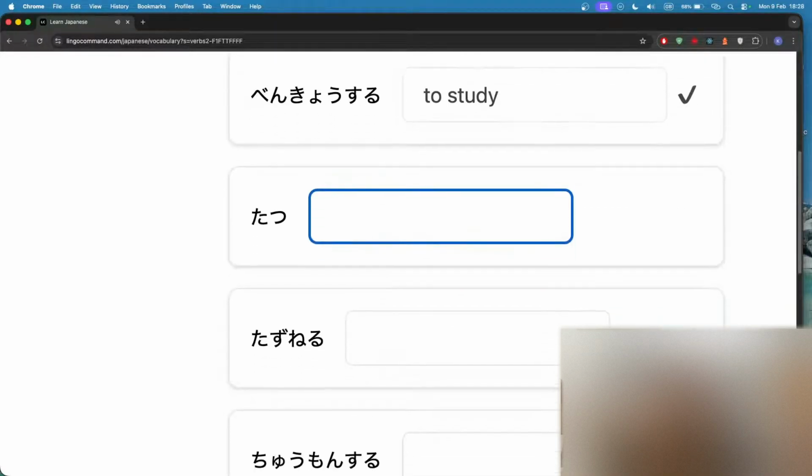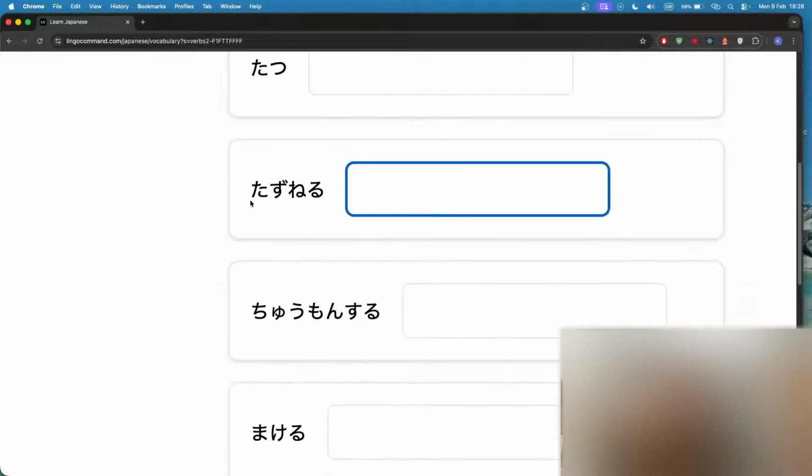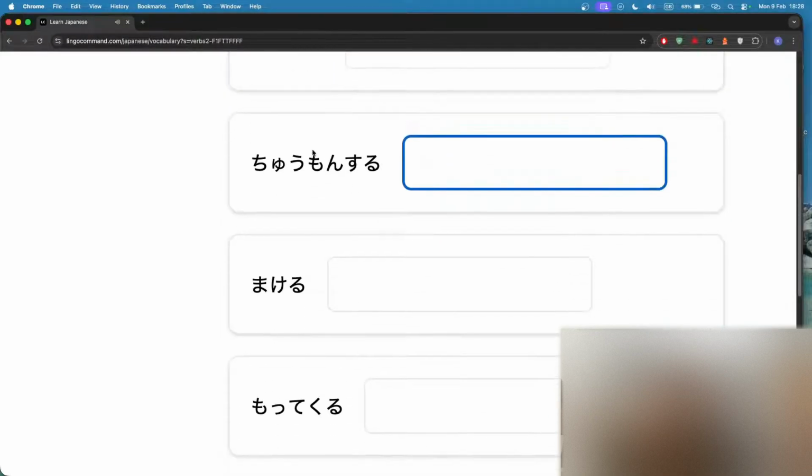And then tatsu. I don't remember tatsu. So I'm gonna come back to that one. This is tazuneru, to ask for or to ask. And then this is chumon suru. It's like to order. And not to order someone around. It's more like to order a product.